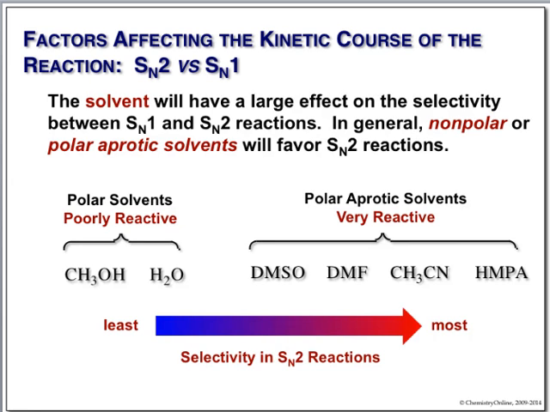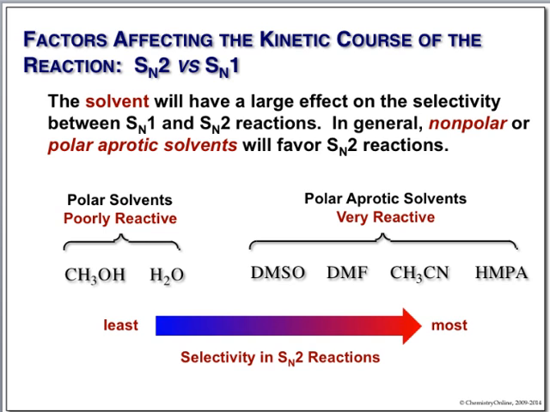Think about it. You're trying to make these things choose the bimolecular reaction as opposed to the carbocation reaction, right? In order to form a carbocation, what do you have to do? You have to rip this sucker off and leave a positive charge.